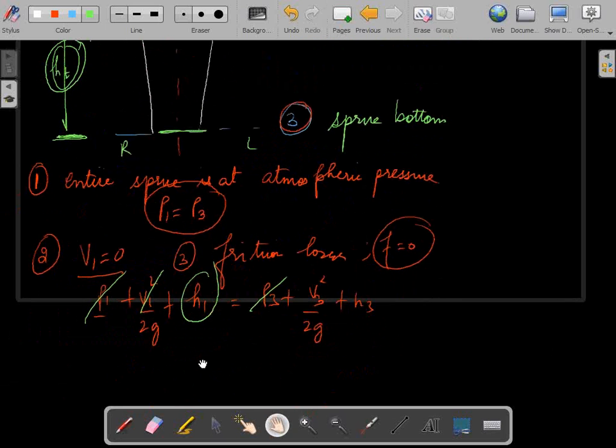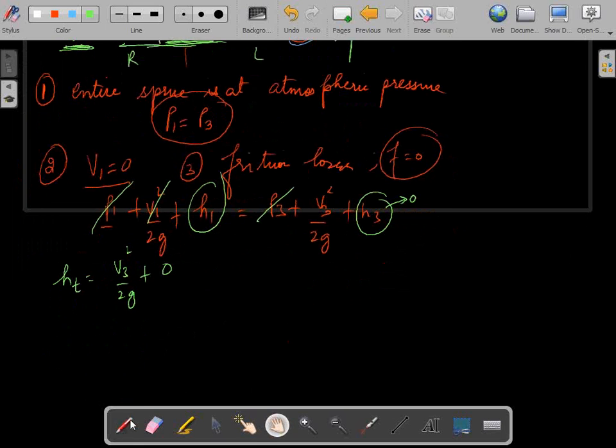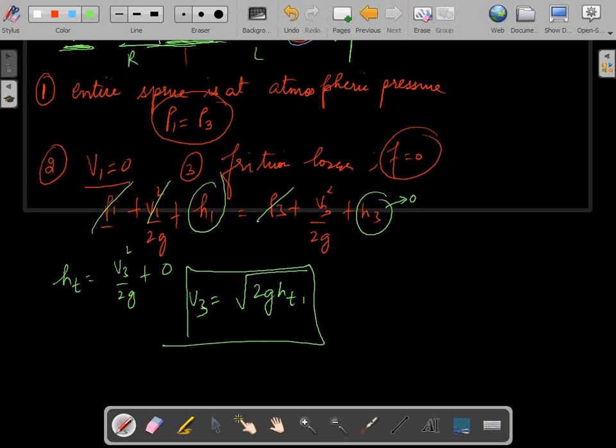You will have V3 square by 2G plus H3. Section 3 is at the datum plane, so the value for H3 is 0. From this equation I can calculate that V3 is nothing but square root of 2G into total height. So this is one relation that you get.